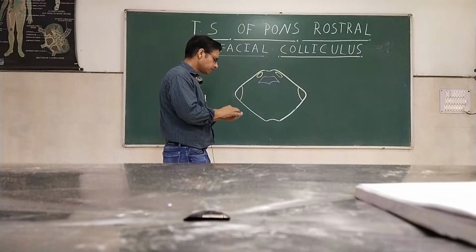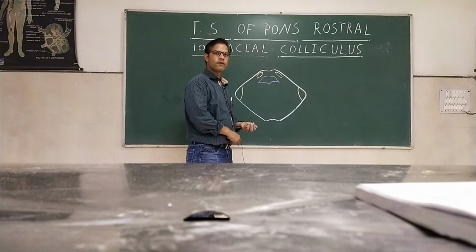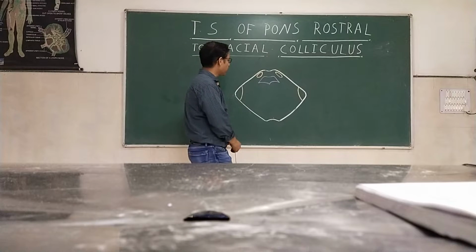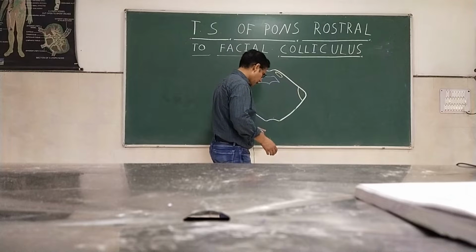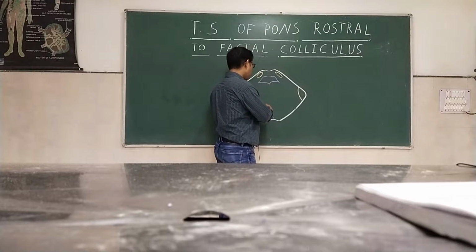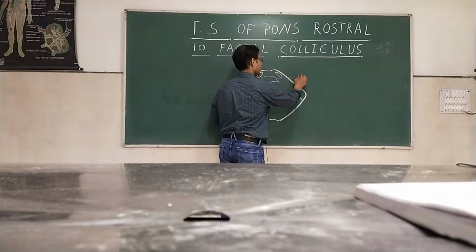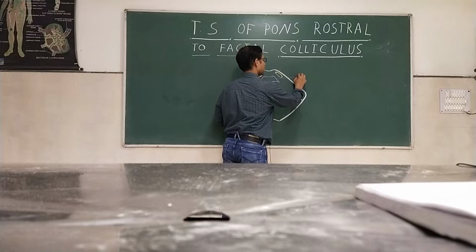At this level, above the facial colliculus, there is the first appearance of a roof of the fourth ventricle.